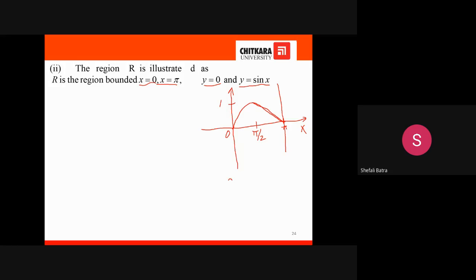So we need to evaluate a double integration. Some function f(x, y) would be given to you here, and I'm writing dy dx. So now you tell me what will be the limit of y and what will be the limit of x.